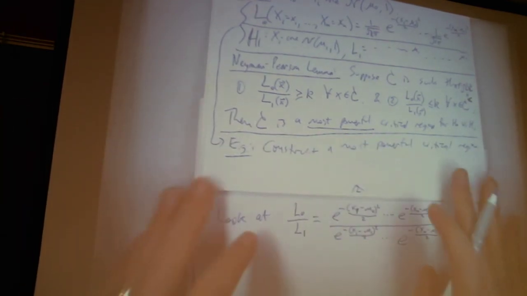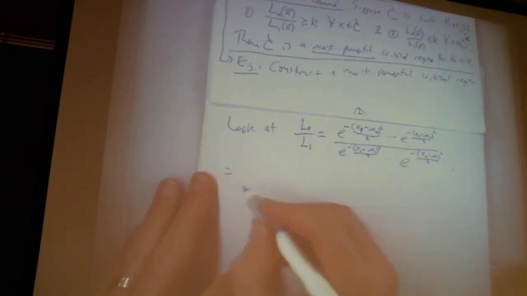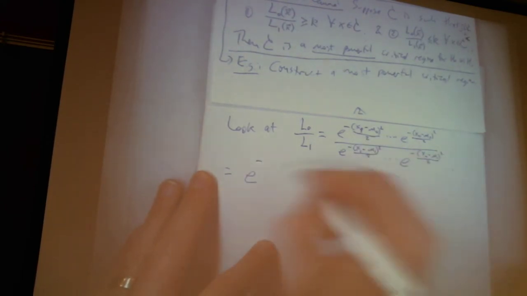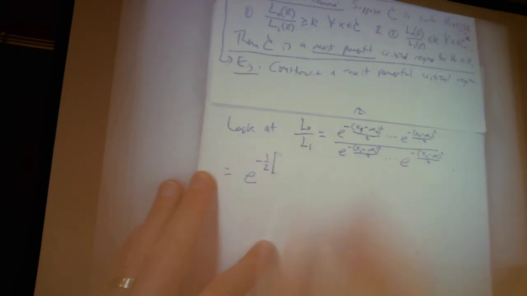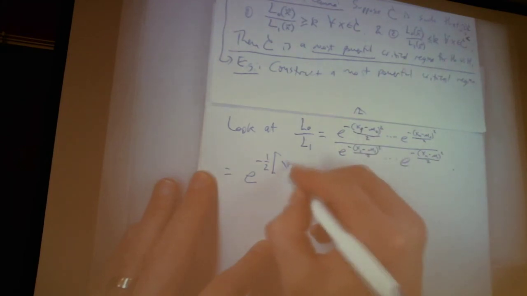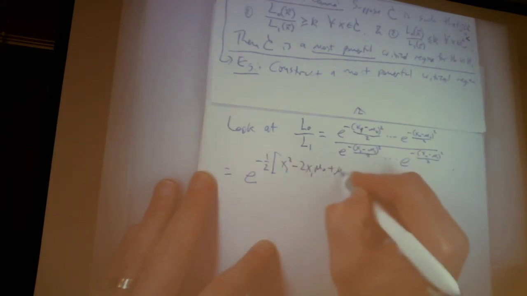Okay, so let's do that little bit of algebra. So e to the minus, there's a 1/2 everywhere. And then what's left over? I have x1 minus mu0 squared. That's x1 squared minus 2x1 mu0 plus mu0 squared.